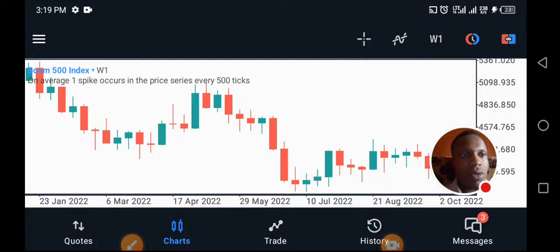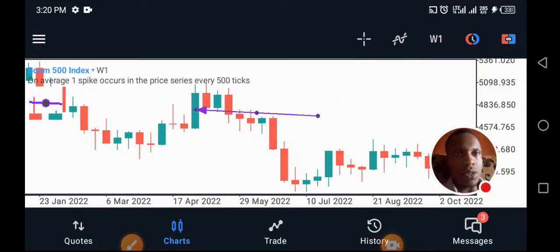As you can see here, we also have this. This is also our bearish order block, either this or this. So we can decide to make use of this or this. Remember that this particular candle is inside of this candle here.